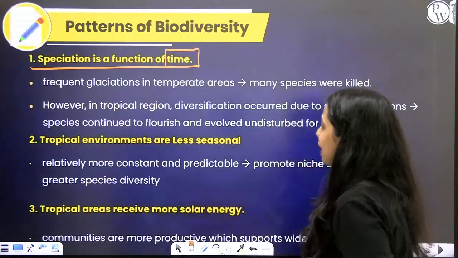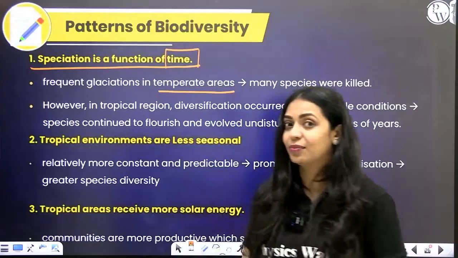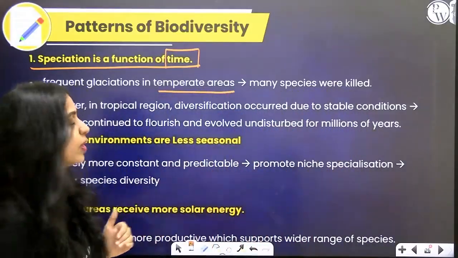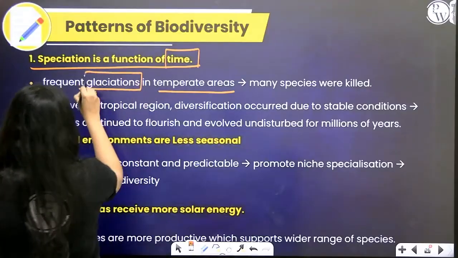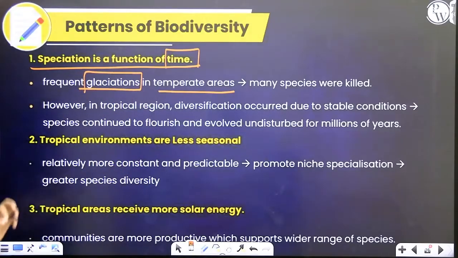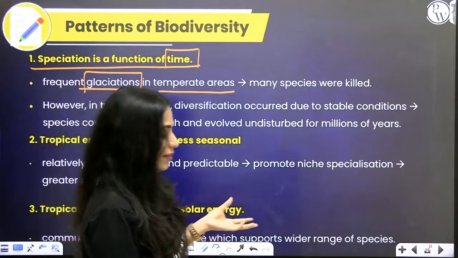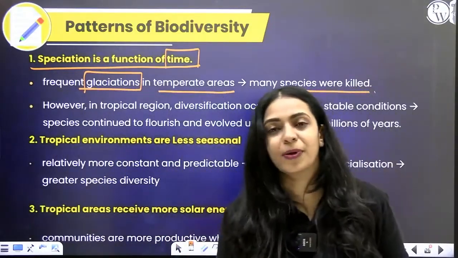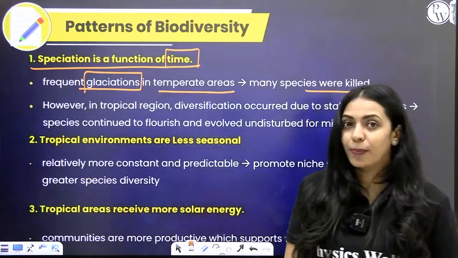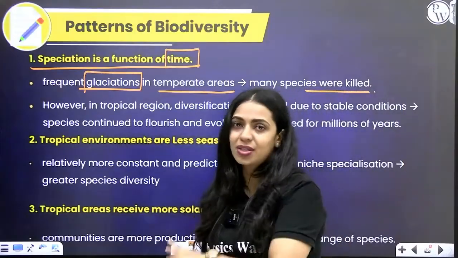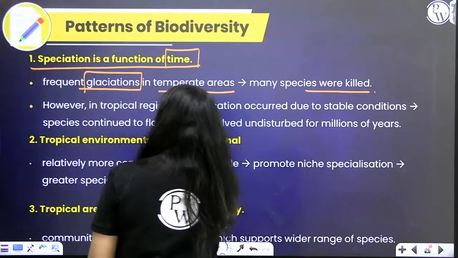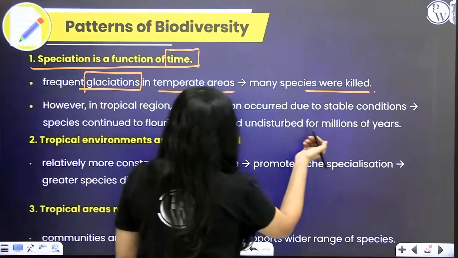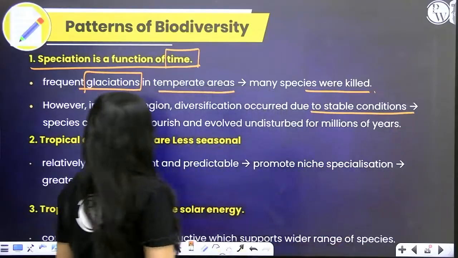What happened in the temperate areas was, you may have seen in movies like Ice Age, in the past, there were very frequent glaciations. Because of this, though there was high diversity, many of them were killed. But such glaciations we did not see in the tropical regions. In the tropical regions, over several thousand years, the environmental conditions have pretty much been stable.